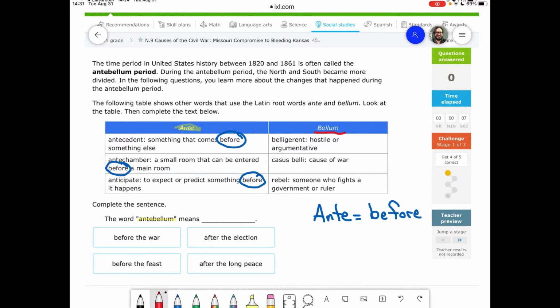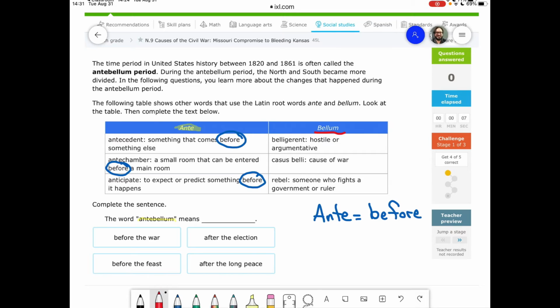Belligerent, hostile or argumentative. Casus belli, cause of war. Rebel, someone who fights a government or ruler. Now, with this one, we do not have a common word, but we do see a common theme.